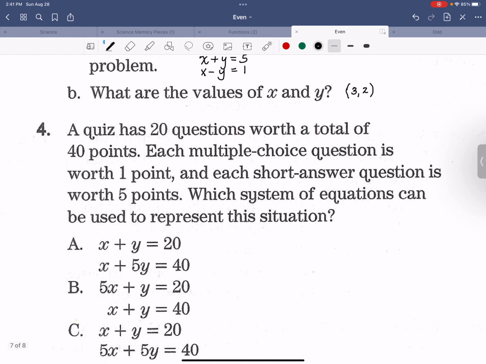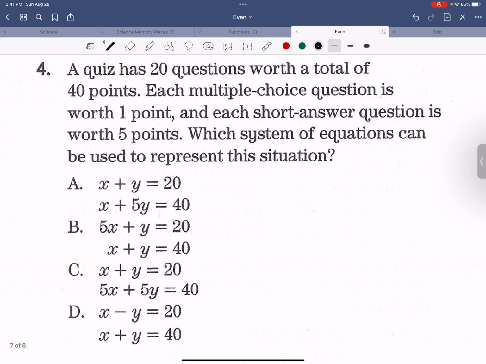Okay, number 4. A quiz has 20 questions worth a total of 40 points. Each multiple choice question is worth 1 point, and each short answer question is worth 5 points. Which system of equations can be used to represent this situation? So let's put it in our own words first. I think I'm going to highlight on this one.